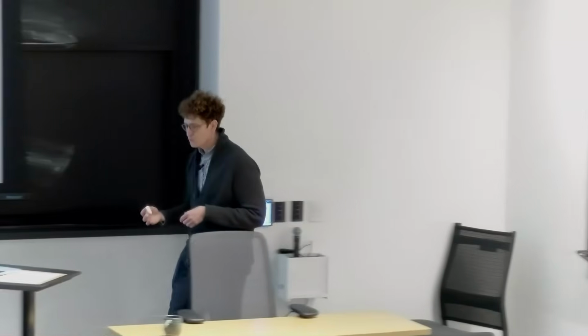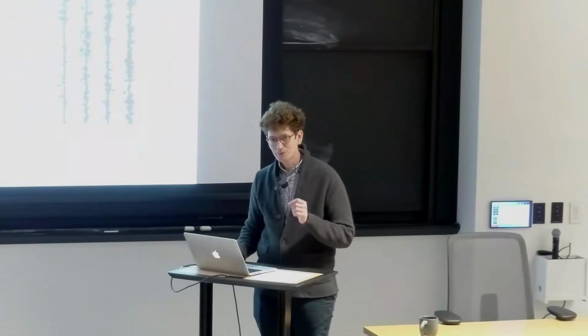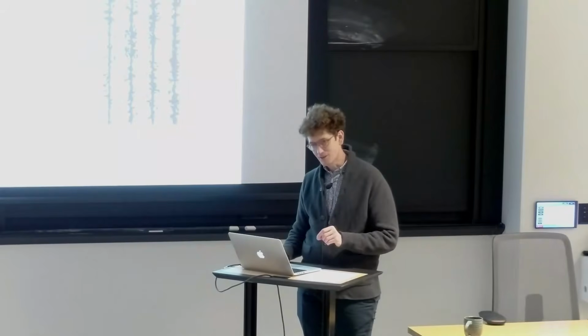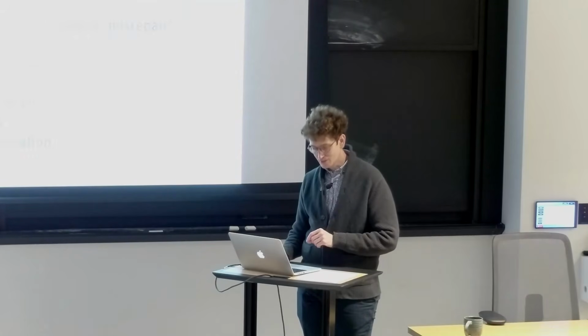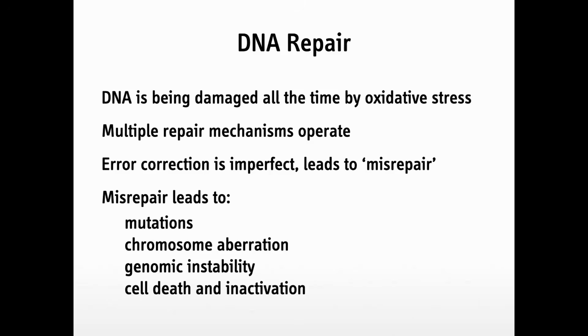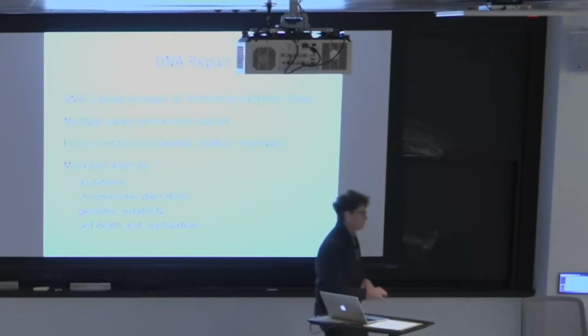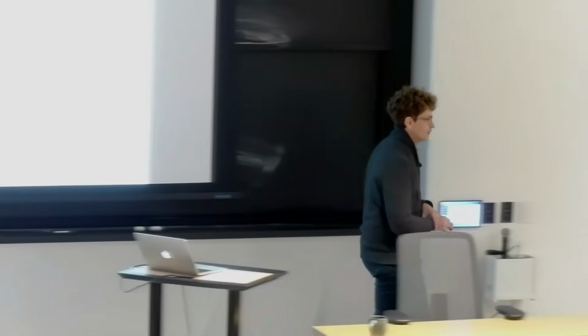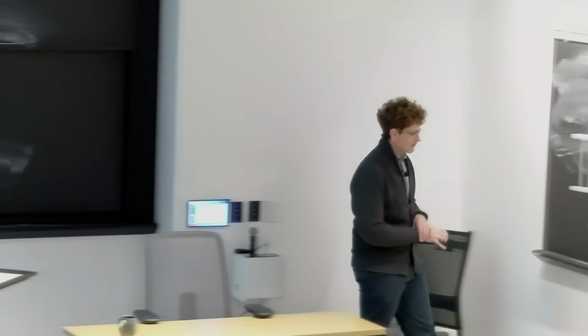The problems don't arise from the cutting of the DNA itself. The problems arise from the DNA repair. And that's a really, really, really important thing to know. It's, in fact, the misrepair of DNA that leads to mutations, aberrations, genomic instability, and cell death. So we'll talk a little bit about this in the next class.